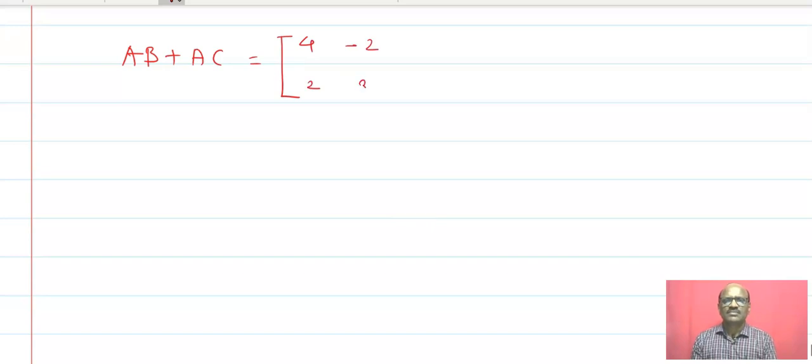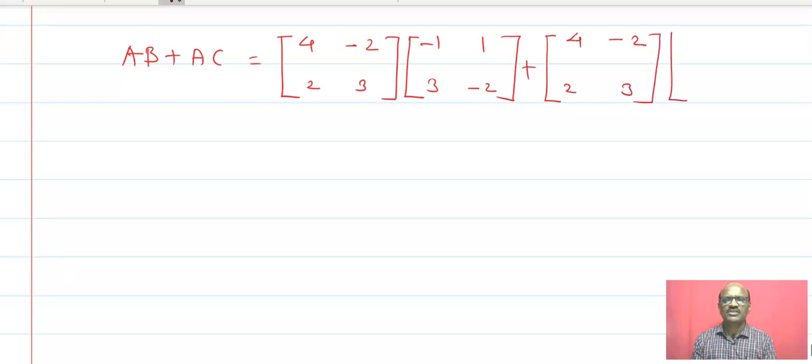Now the RHS, that is AB plus AC now. Now see this, that is 4 minus 2, 2, 3, times minus 1, 1, 3 minus 2, plus 4 minus 2, 2, 3, times 4, 1, 2 minus 1.